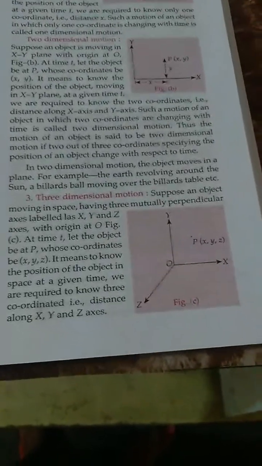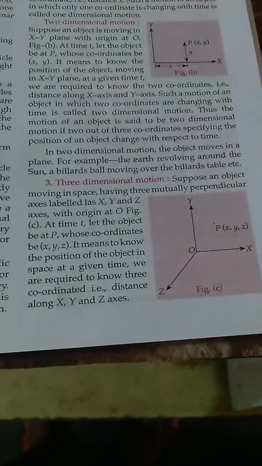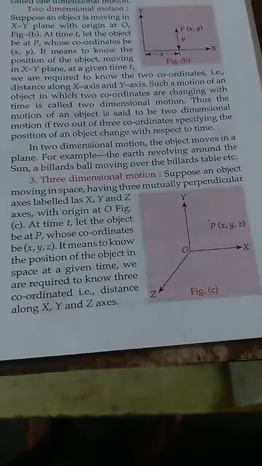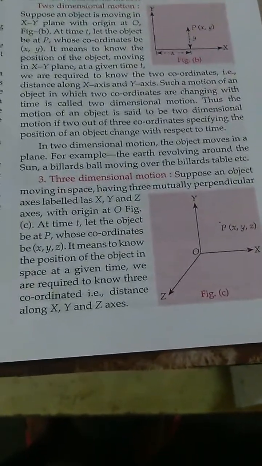Three-dimensional motion. Suppose an object is moving in space having 3 mutually perpendicular axes labeled x, y, and z with origin at O, figure C. At time t, let the object be at P, whose coordinates are x, y, z. To know the position of the object in space at a given time, we are required to know 3 coordinates, that is distance along x, y, and z axes.